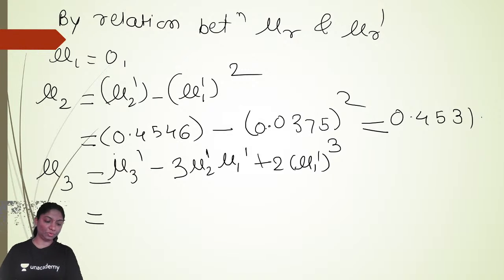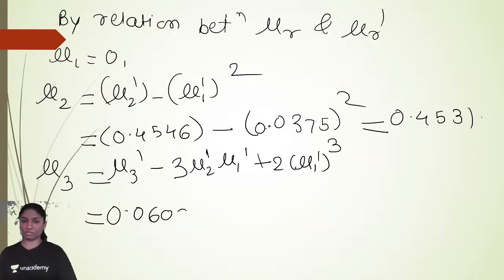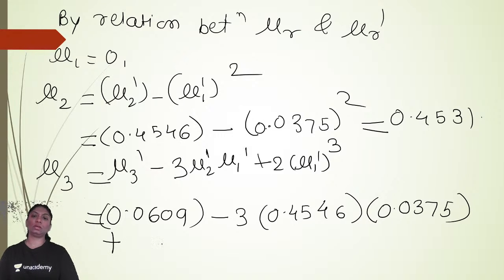Mu3 dash is 0.0609, minus 3 into mu2 dash 0.4546 into mu1 dash 0.0375, plus 2 into 0.0375 bracket cube.